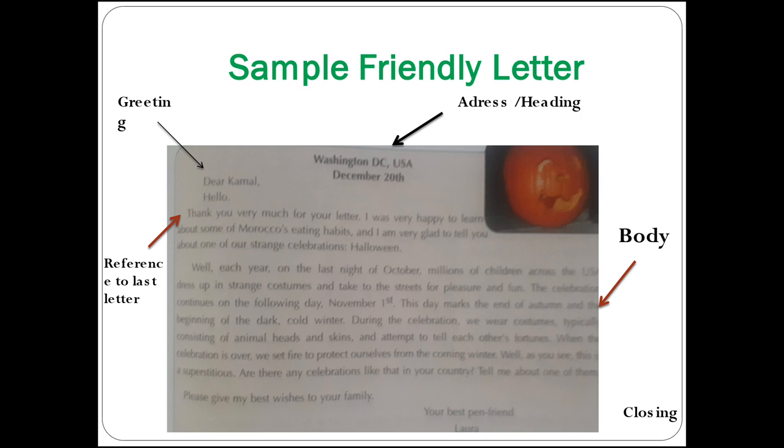Now in this letter, Laura is going to talk about Halloween. In the second paragraph, the body, Laura mentioned three important things. She mentioned the name of the celebration, the date of the celebration, and the activities related to the celebration. So these are the main important points that she talked about.